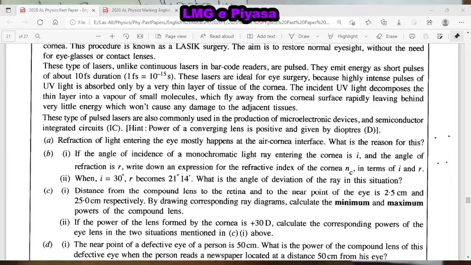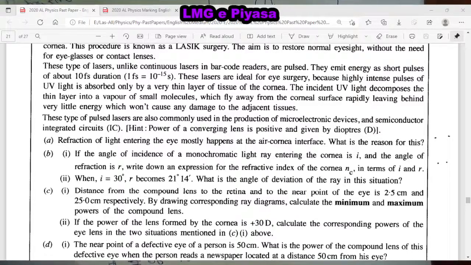Now you just look at part C. By drawing the corresponding ray diagram, calculate the minimum and maximum powers of the compound lens.